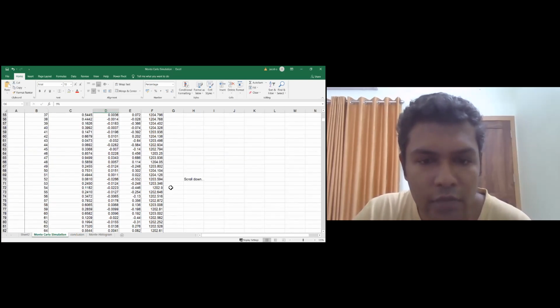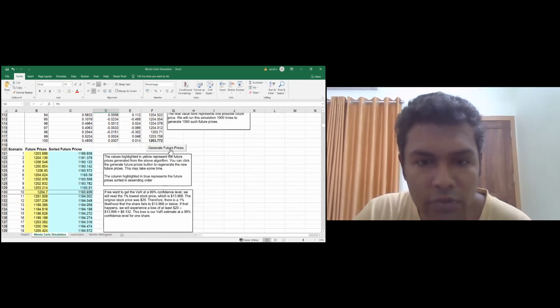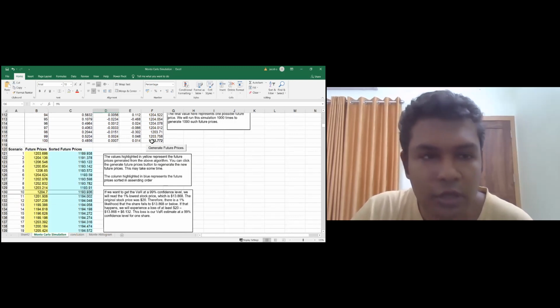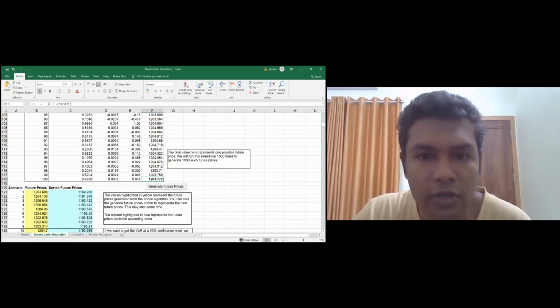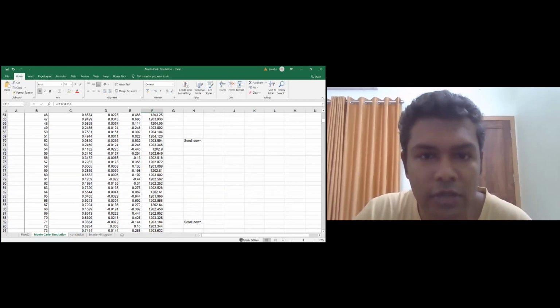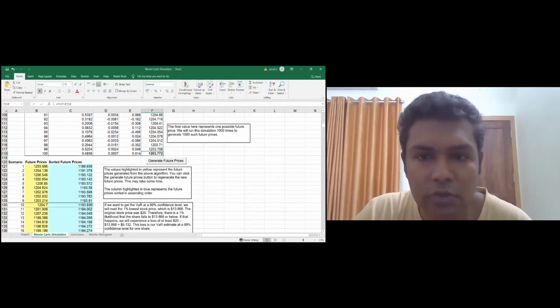And when we go downwards and click on generate future prices, the last cell, F118, will give us the value of the future price of the stock under the various simulations that the template has worked on, and it conducts around 1,000 times.